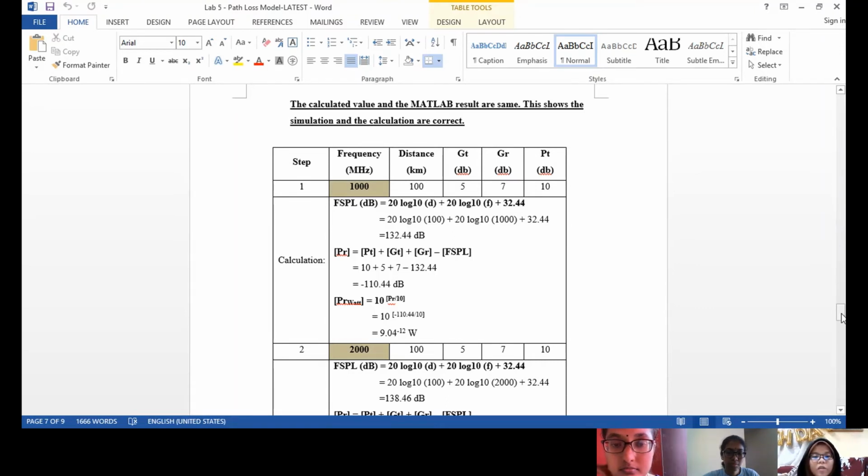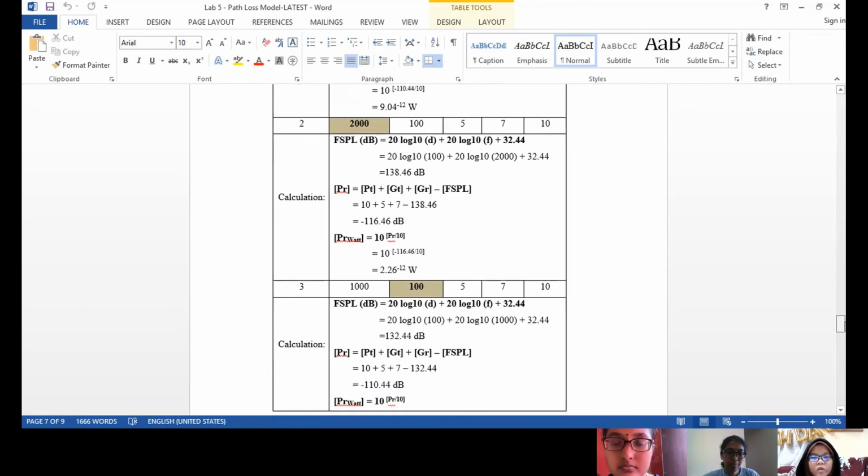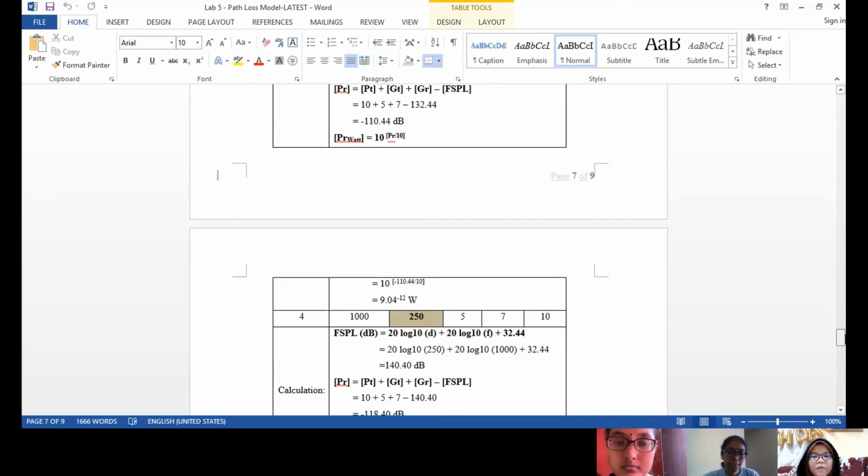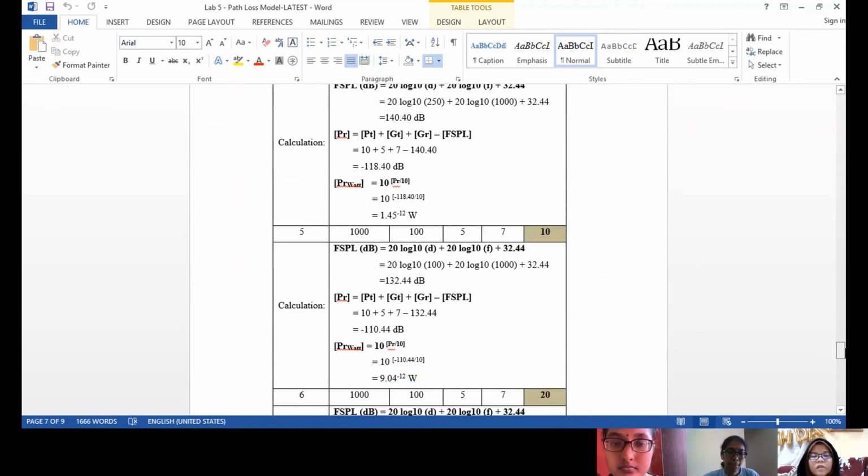And in watt, the answer is 9.04 to the power of negative 12 watt. For all the calculations that we do, we got the same result as the MATLAB software. The same goes with the other frequency.